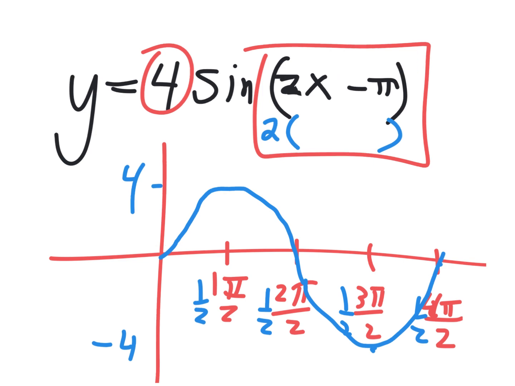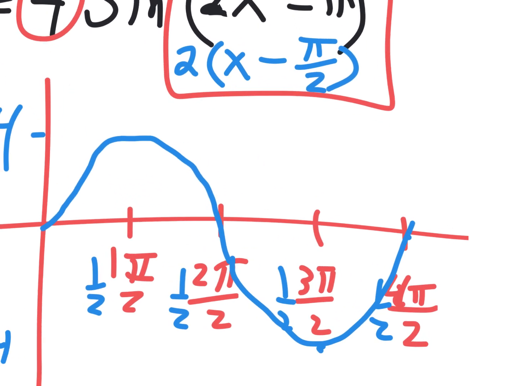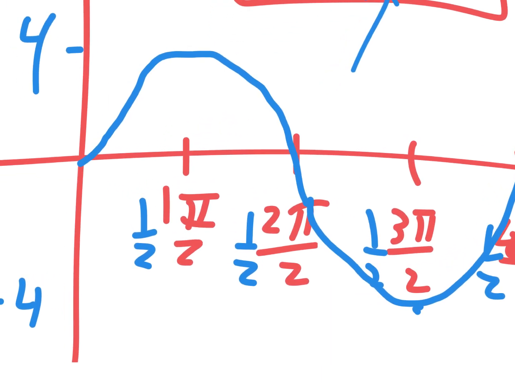Okay, so you should have factored out the 2, and then you had x minus pi over 2. How many of you knew that it was pi over 2 right there? Okay, good. Then that tells me I got to move it right pi over 2. How far is pi over 2? Well, this is no longer pi over 2. It's pi over 4. And this is 2 pi over 4. And what do you think 2 pi over 4 actually reduces to? Pi over 2.